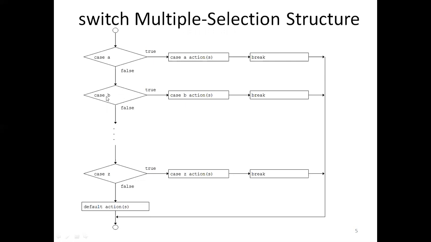Otherwise, it will continue to case two, and each of the cases goes through in a very similar way, appended with the break. Finally, if none of them matches, the default one will be executed. Then finally, it ends.